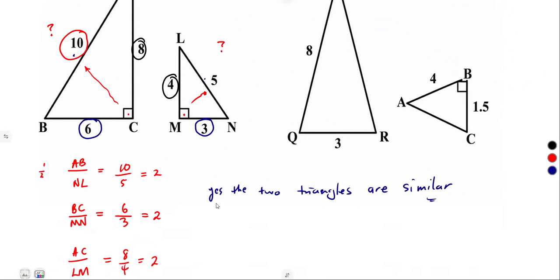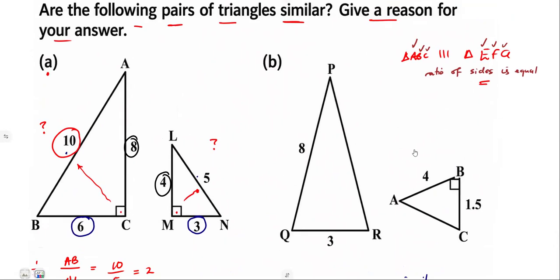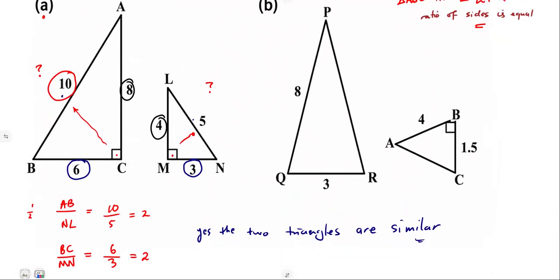And the reason here is the condition of sides: they are similar because of proportion, the same ratio of sides in our case. The ratio of sides is equal.